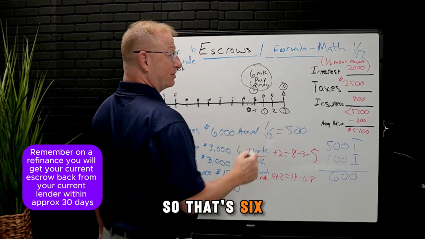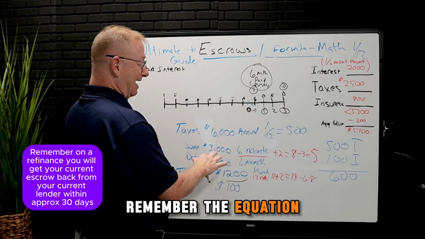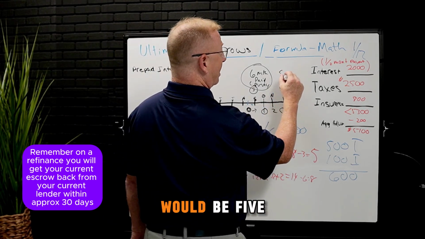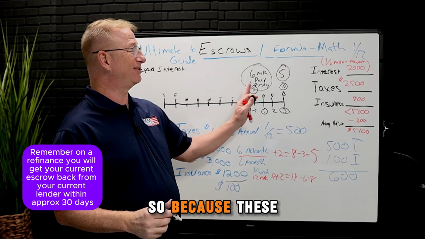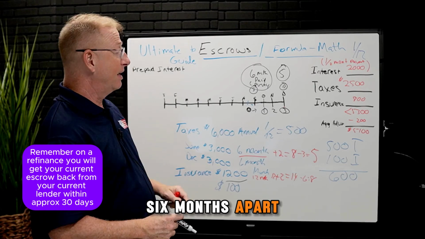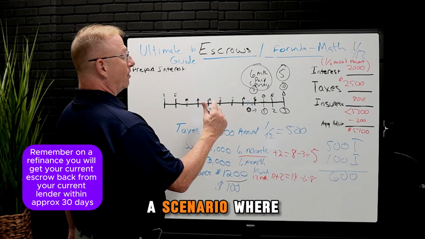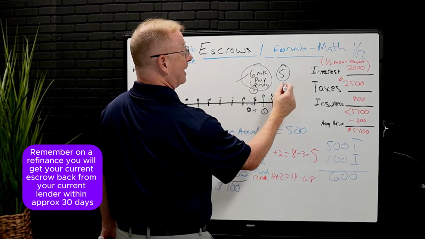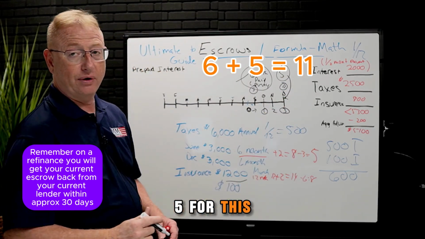So that's 6 months that's going to be due, right? Remember the equation, 8 minus the number of payments would be 5. So, because these are not paid 6 months apart, at closing in Maryland, you could have a scenario where the 6 is required to be paid, and you have to start up 5 for this escrow account.